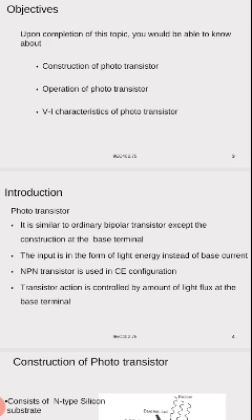It is controlled by input current. Whereas here in phototransistor, it is not controlled by base current, that is input current. It is controlled by photo effect. It is controlled by light intensity.